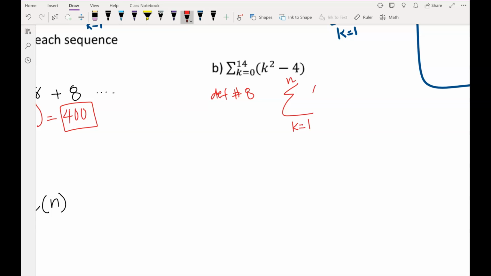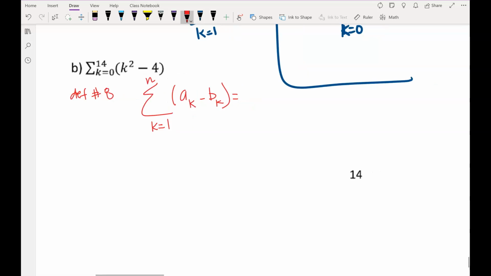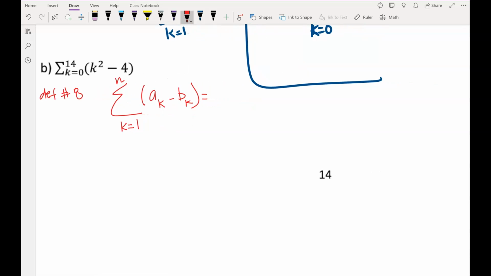ends at n, and then it says the summation of A subscript k minus B subscript k is identical to the summation of k equals 1 to n of A subscript k, take away the summation of B subscript k.